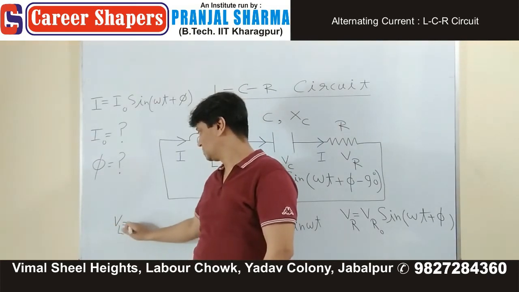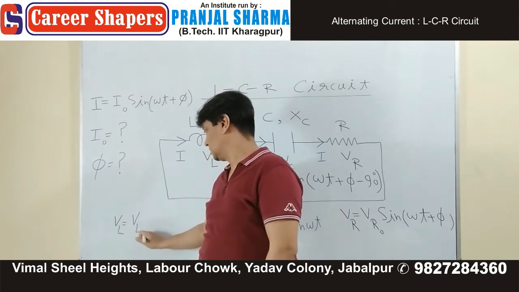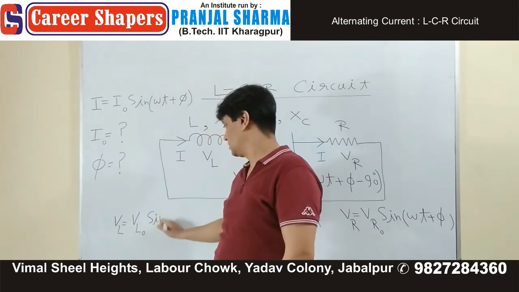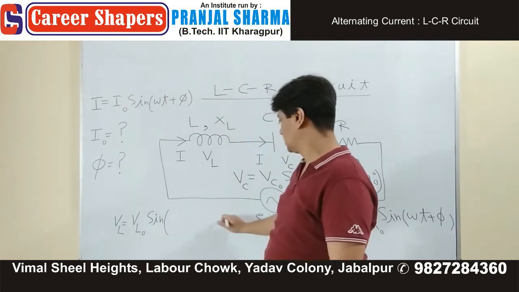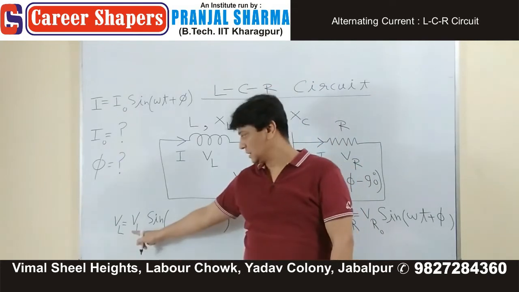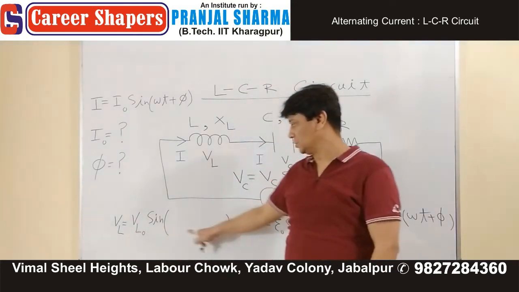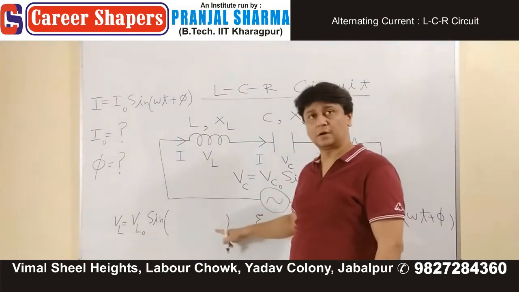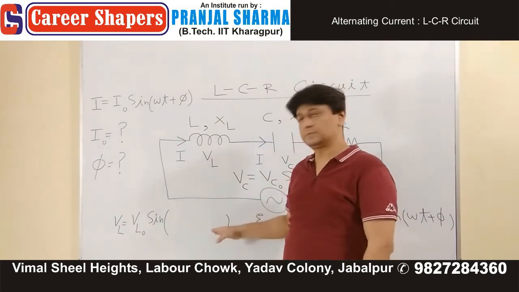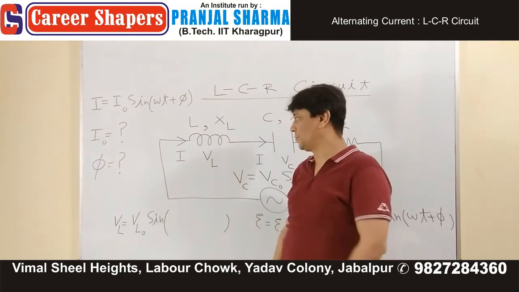And then find out what should I write over here. If I go for VL, it has a certain maximum value, and then something should come over here. Write down this in the comment box in terms of omega t.